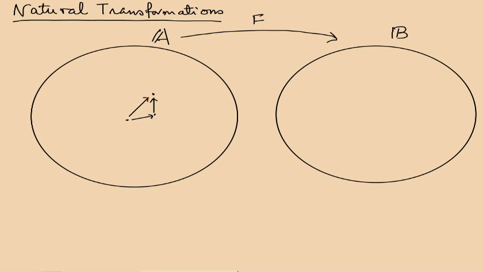Okay, so this is the composite. There are several other such diagrams. This is going to be mapped by F to some other thing like this.